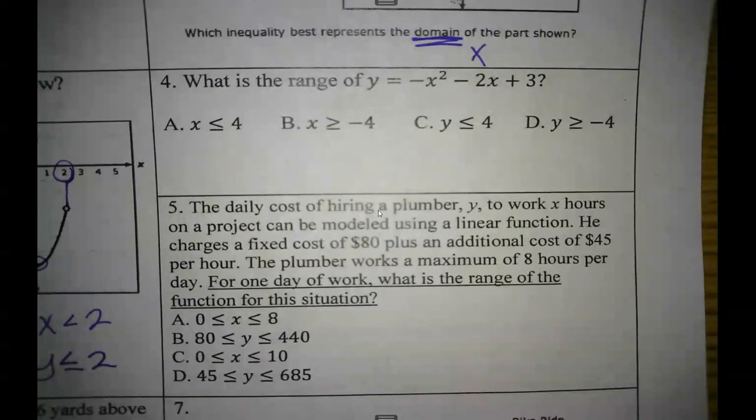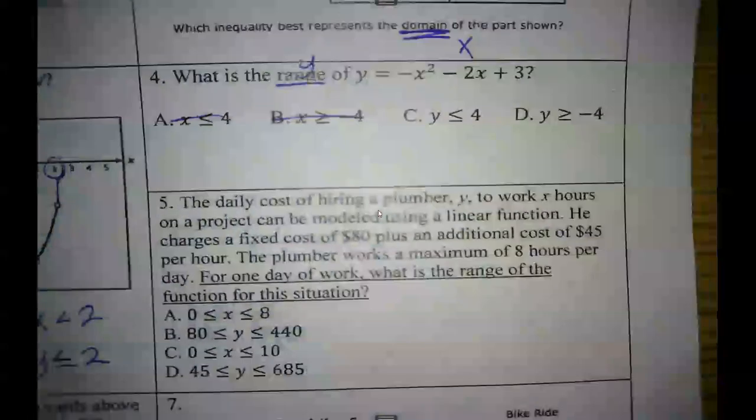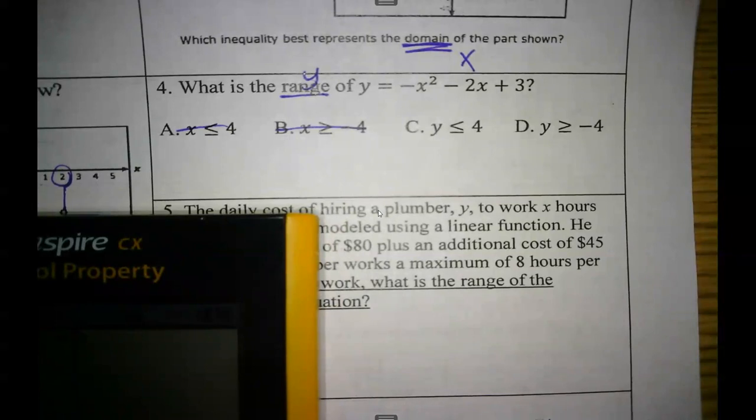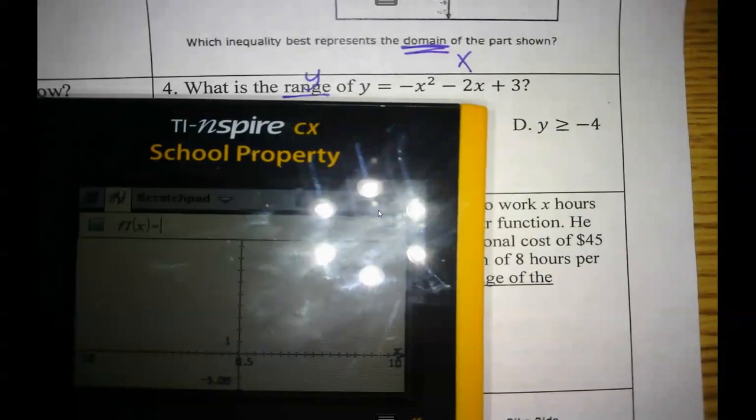All right, what is the range of y equals -x² - 2x + 3? Range is our y values, so I can mark off A and B. And then I can graph this. Delete this off of here. Menu 3, 1.